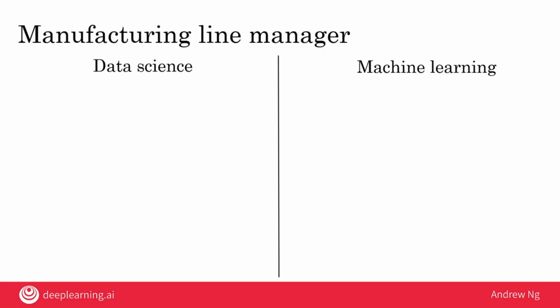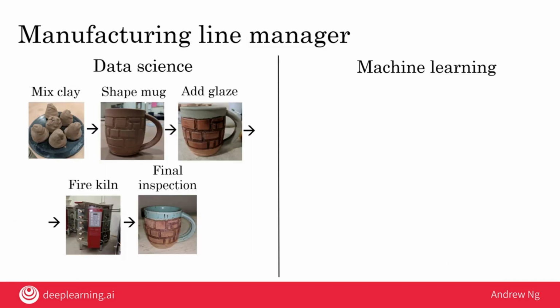Let's say you're a manufacturing line manager. You've already seen how data science can help you optimize a manufacturing line. How about machine learning? One of the steps of this manufacturing process is the final inspection. And in fact, today in many factories, there can be hundreds or thousands of people using the human eye to check over objects, maybe coffee mugs, maybe other things, to see if there's scratches or dents, and that's called inspection.